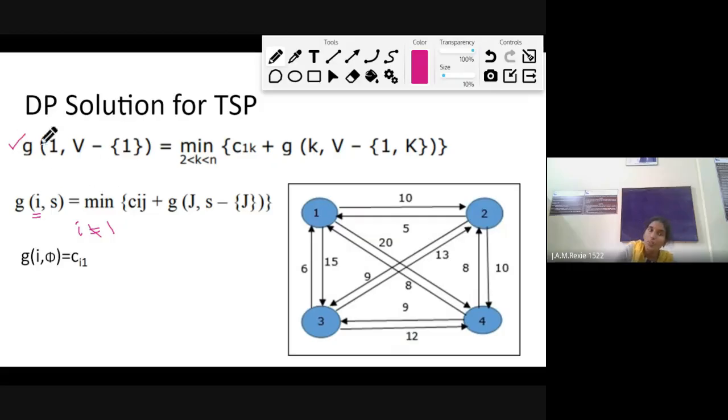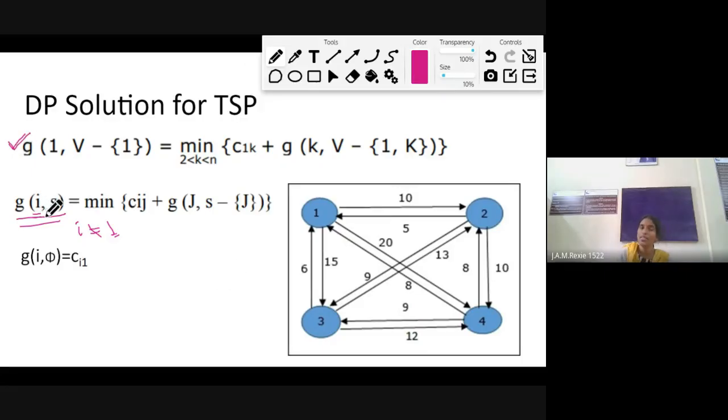To compute this, I need to find out g of 2, g of 3, g of 4, and so on for other vertices. So for computing that, this formula will be used. So for this formula, i will not be equal to 1, so for the remaining vertices, not for the source vertex. For the source vertex, we will be applying only the first one.